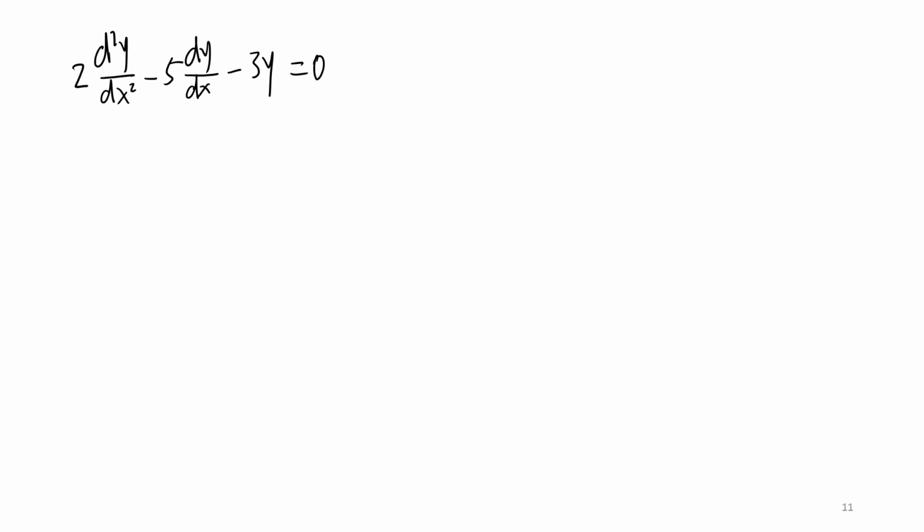The second order derivative corresponds to the R squared term, the first order derivative corresponds to a linear term R, so we have 2R squared minus 5R minus 3 equals 0.